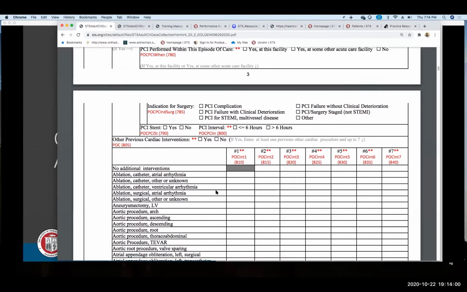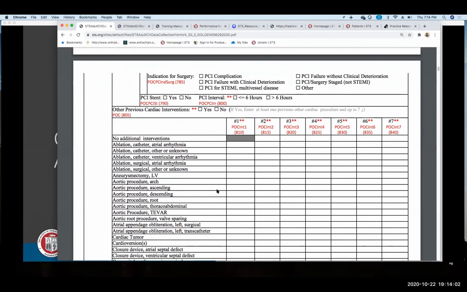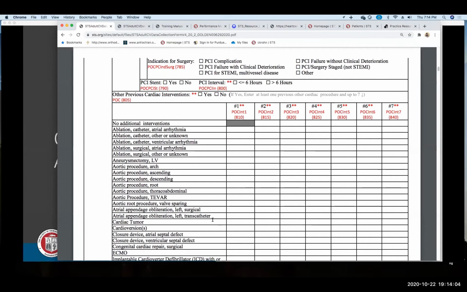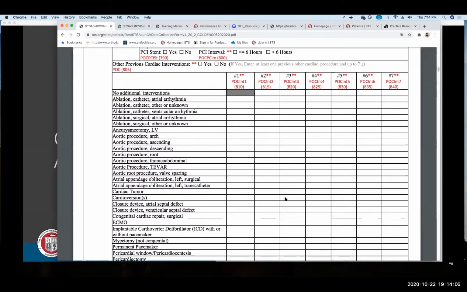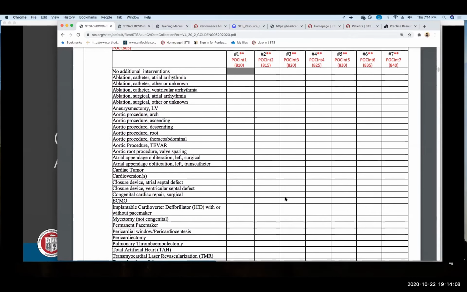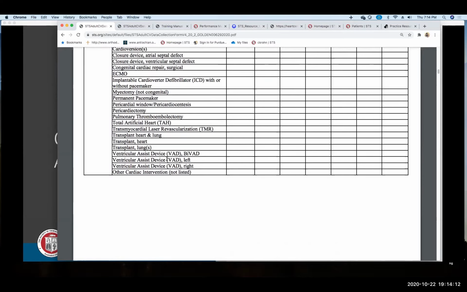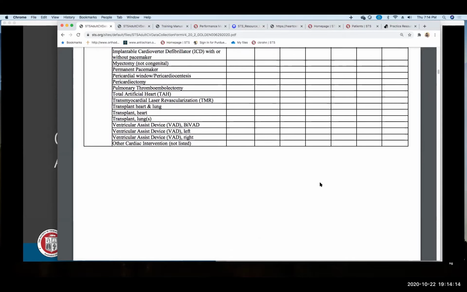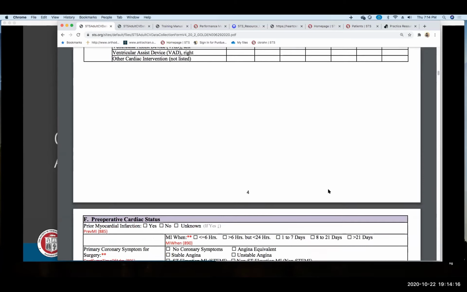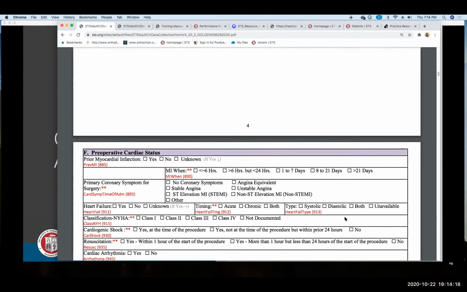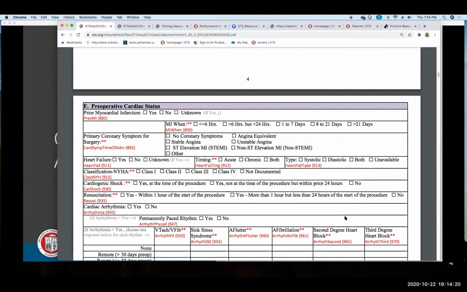And then other cardiac interventions, including ablations or procedures on the aorta, electrophysiology type procedures, and transplants, and VADs that sometimes go along with those transplants. And then we get into the preoperative cardiac status of the patient.